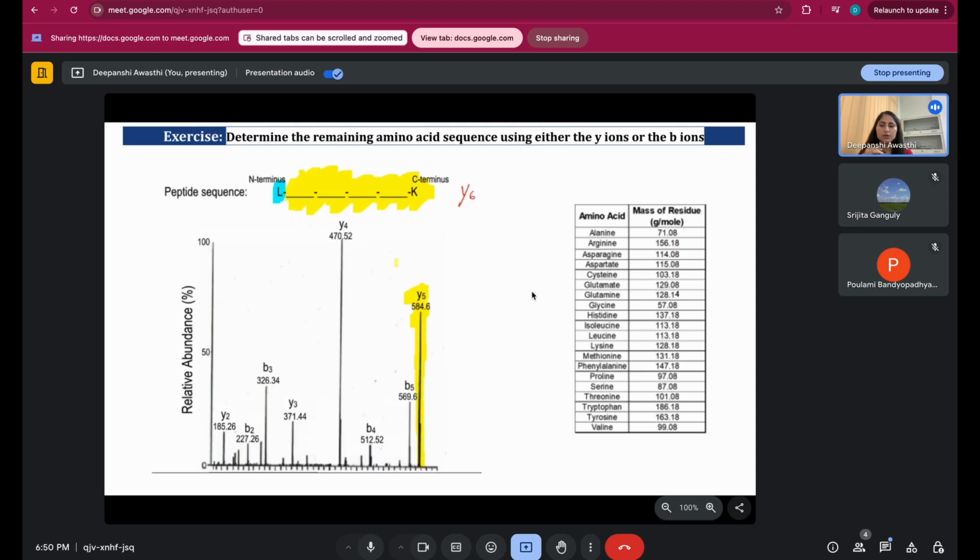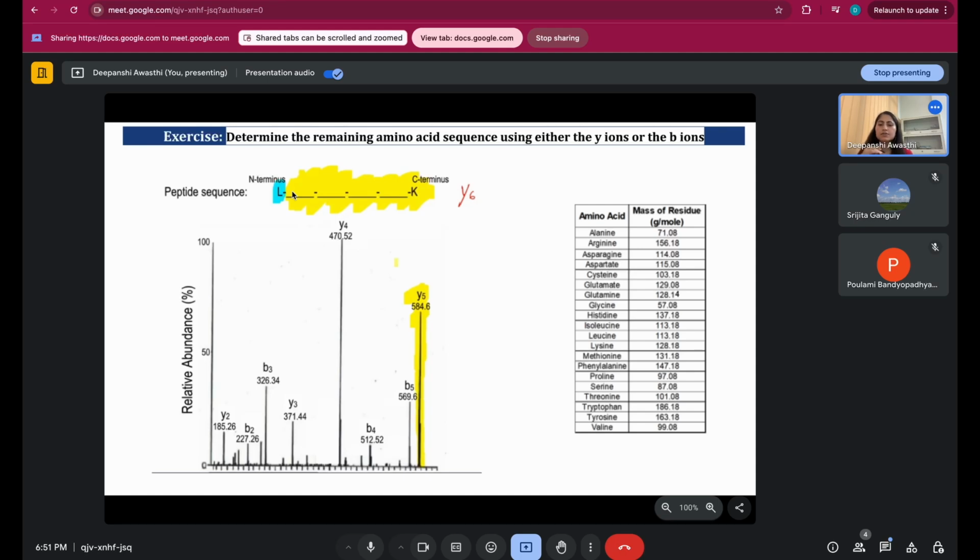Y5 means 5 residues counting from the C terminal, so Y5 generates the ion from K till the second position. It will not include L. Y6 will include K to L, the entire peptide sequence. Y5 will correspond to K till second position, not including L.